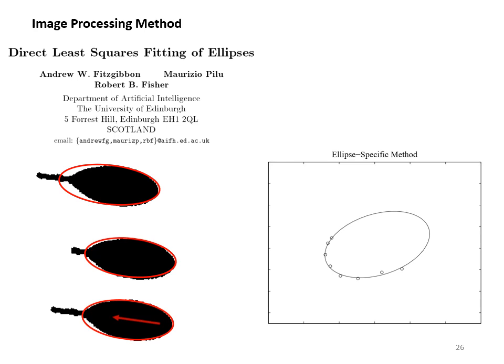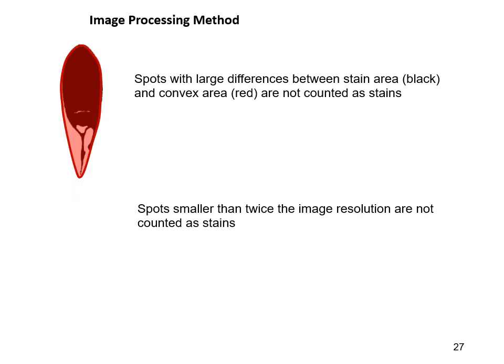I told you that not all the spots that were spotted by region props were used for making ellipses and counting stains. So there are two criteria that I implemented in the code, but since it's open source, you can put your own. I removed the spots that are very small, close to the resolution of the picture, because we don't know if it's noise or dust or whatever.